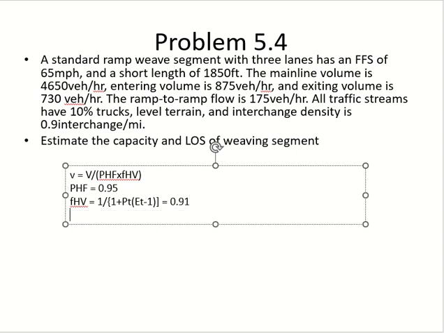0.91. Okay, so now we calculate the small v's, meaning the v for freeway to ramp, ramp to freeway, and so on and so forth.